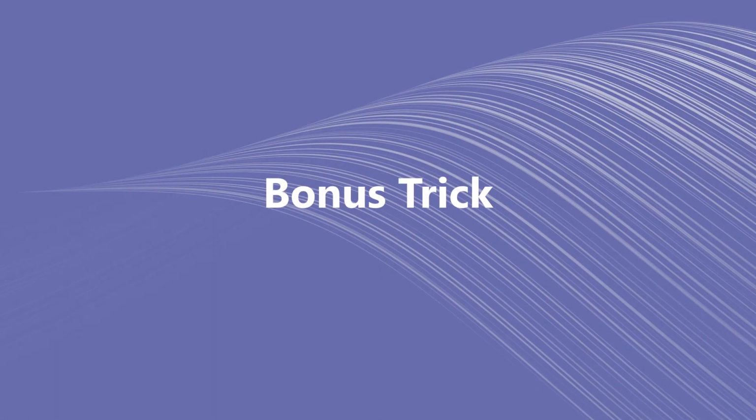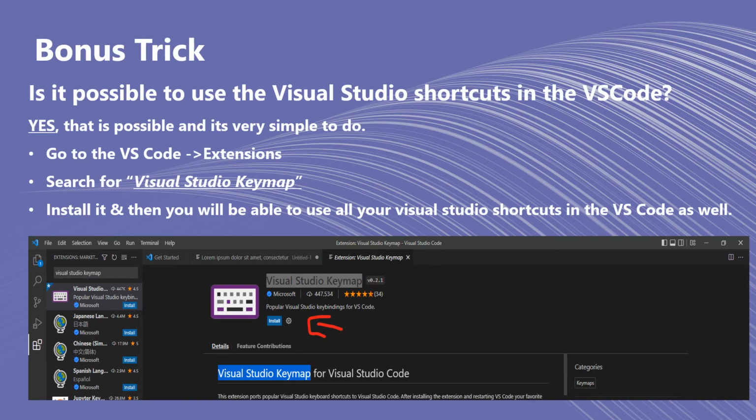A bonus trick along with the other 5 tricks for Visual Studio Code. The bonus trick is related to the Visual Studio Code shortcuts. Do you know, is it possible to use the Visual Studio shortcuts in the VS Code? Can we do that?